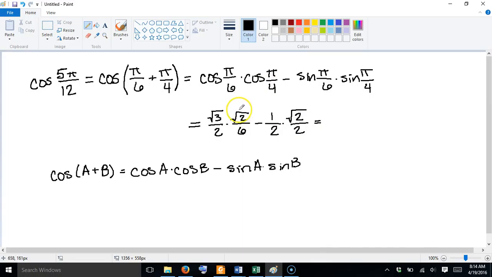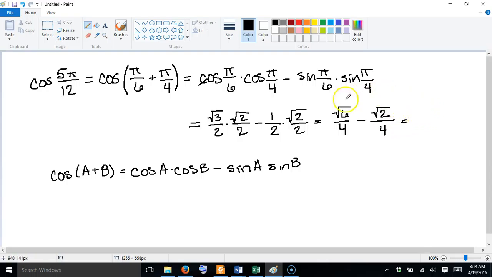Now, multiply, subtract, simplify as much as possible. I don't know why I wrote a 6 over here, but that's supposed to be a 2. Let me erase it. All right, now we get square root of 3 times the square root of 2, square root of 6, over 2 times 2, which is 4, minus 1 times the square root of 2 over 4.